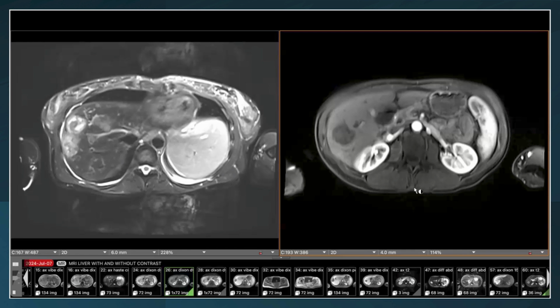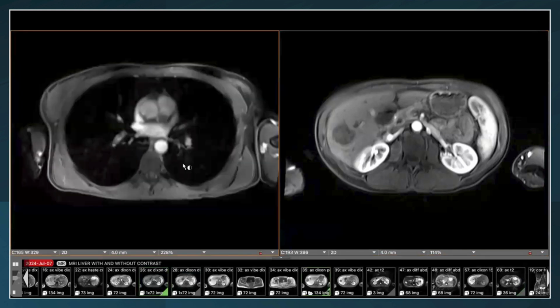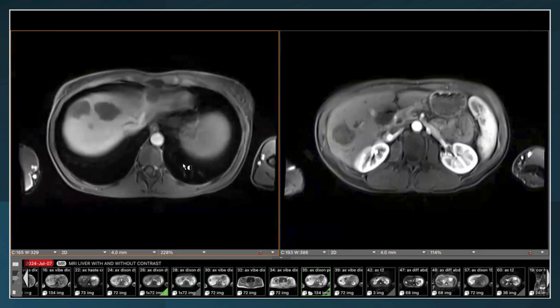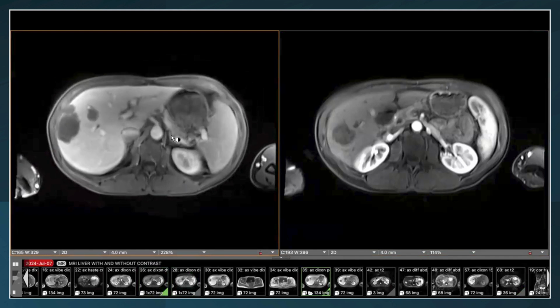The next thing that we're going to do as part of a comprehensive evaluation of the liver is really quantifying and characterizing the liver lesions that are present inside this patient. And so here, what we have is portal venous phase images, and these portal venous phase images really help us understand, unfortunately, the breadth and number and distribution of the lesions inside their liver.